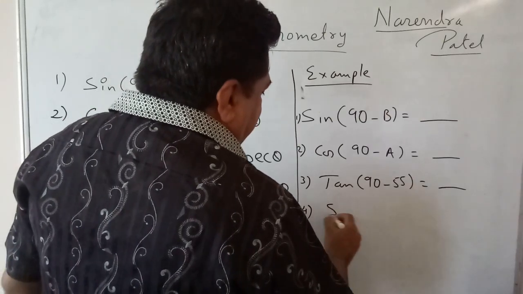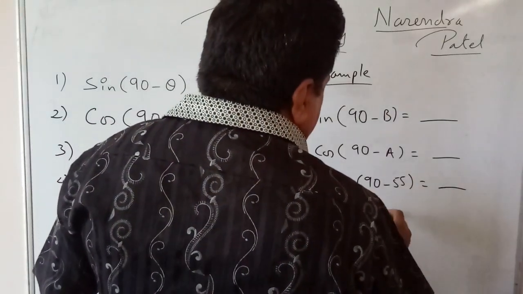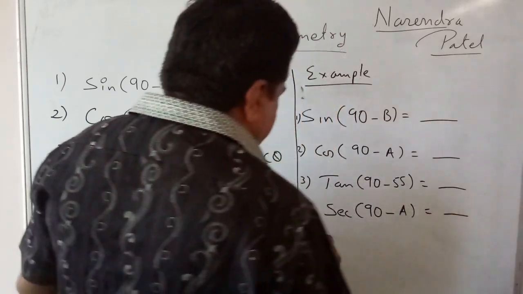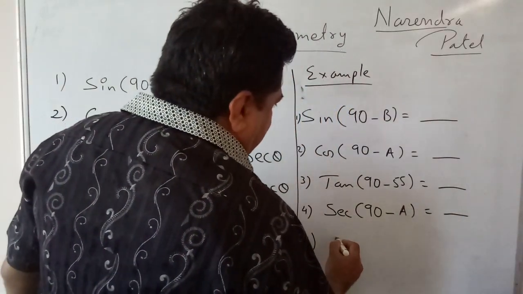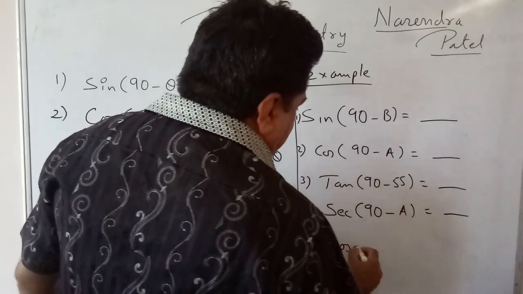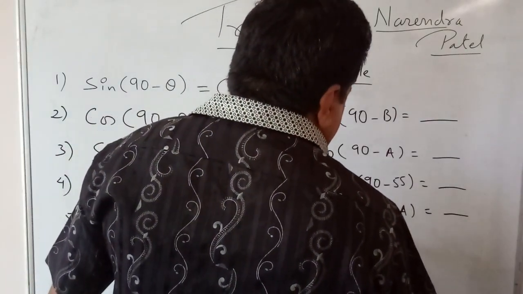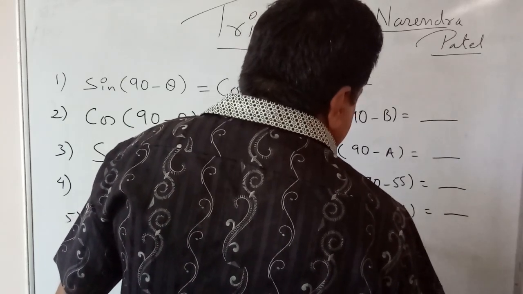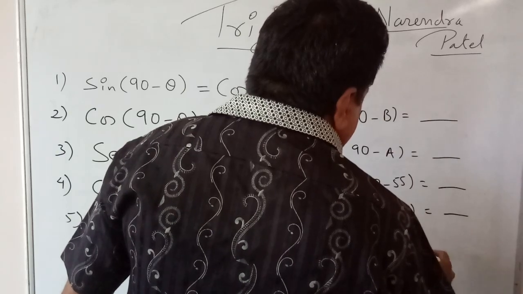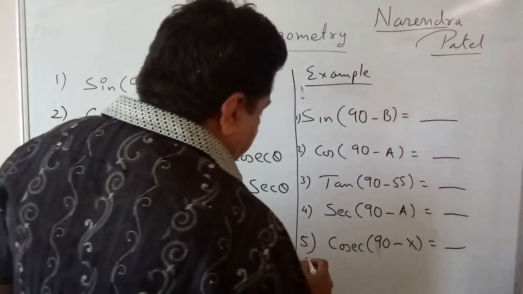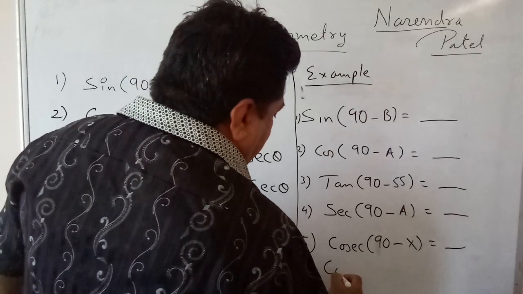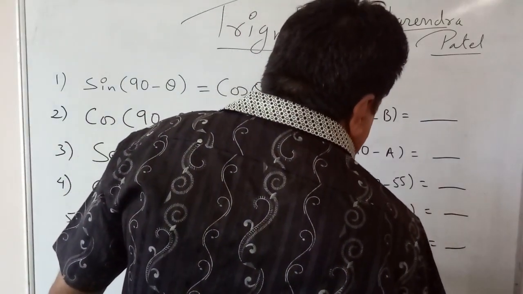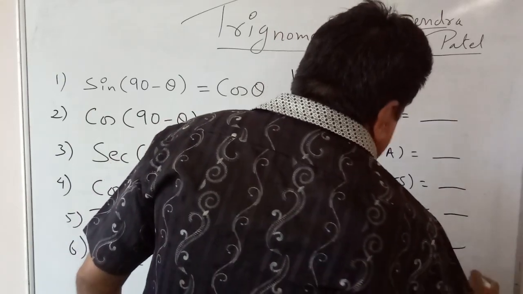Fourth, sec 90 minus a is equal to dash. Fifth, cosec 90 minus x is equal to dash. Sixth, cot 90 minus z is equal to dash.